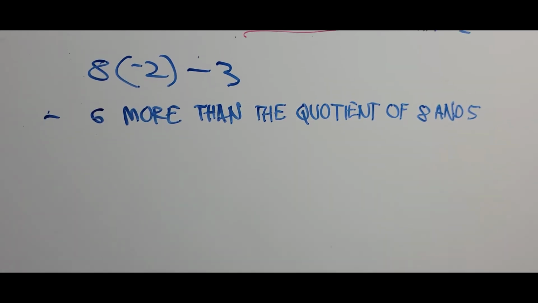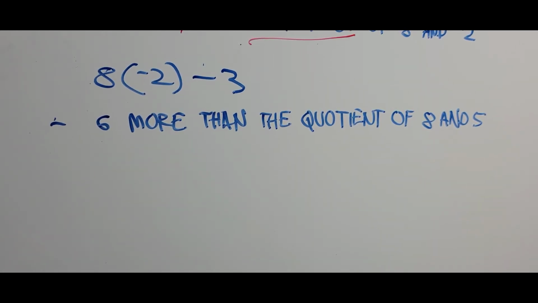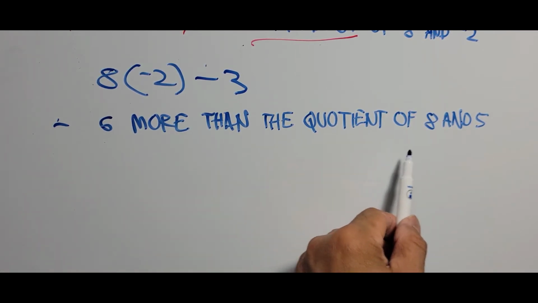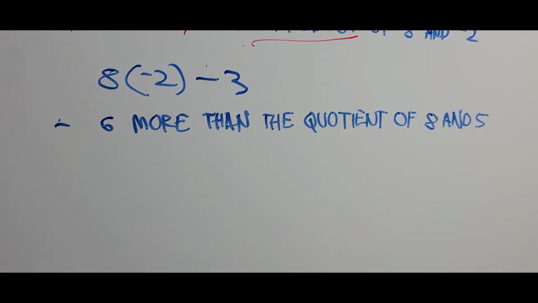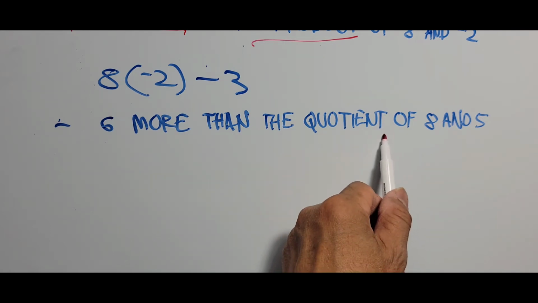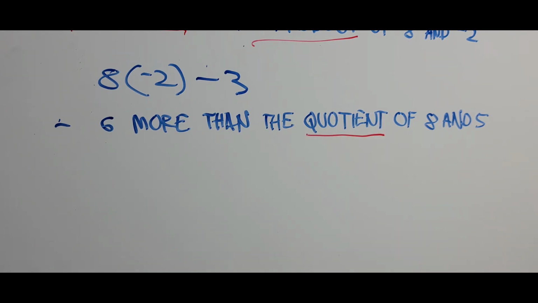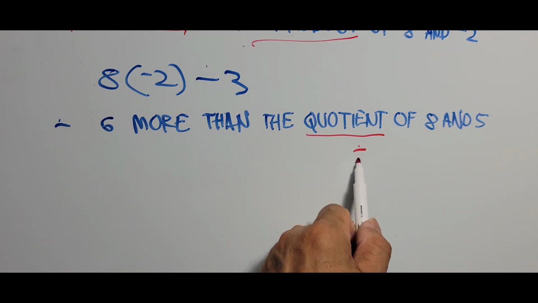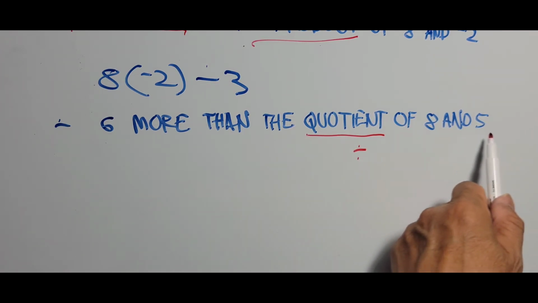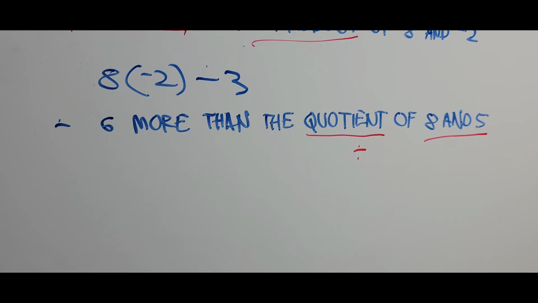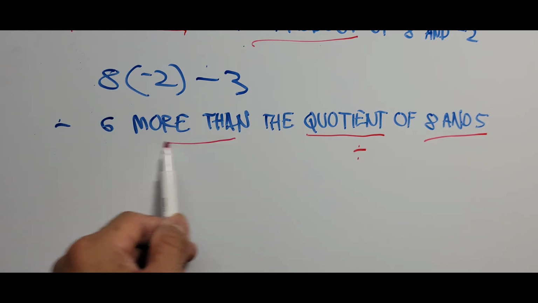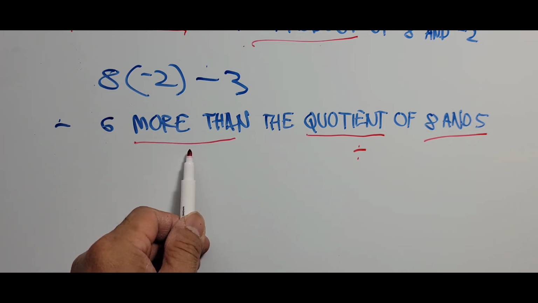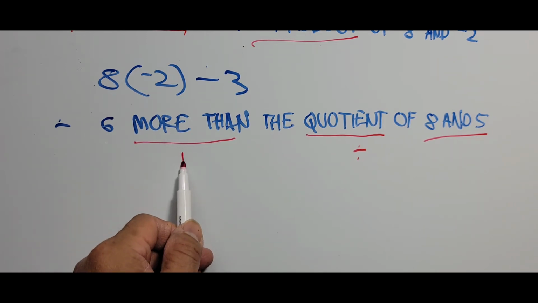So we have another example right there. It says here 6 more than the quotient of 8 and 5. See the quotient, what operation signals the word quotient? It's division, right? Quotient of 8 and 5. And another one right here, it says more than. What operation signals more than? Addition or subtraction? So that's addition, right?